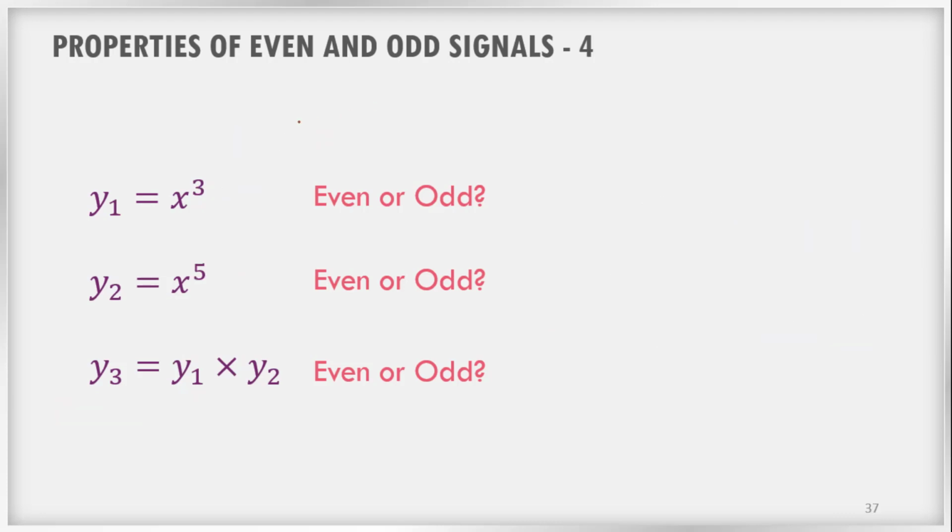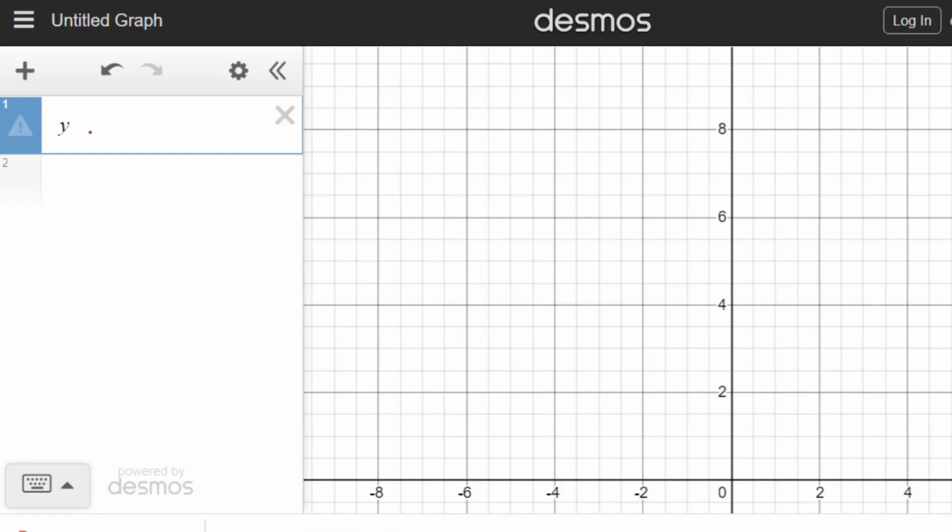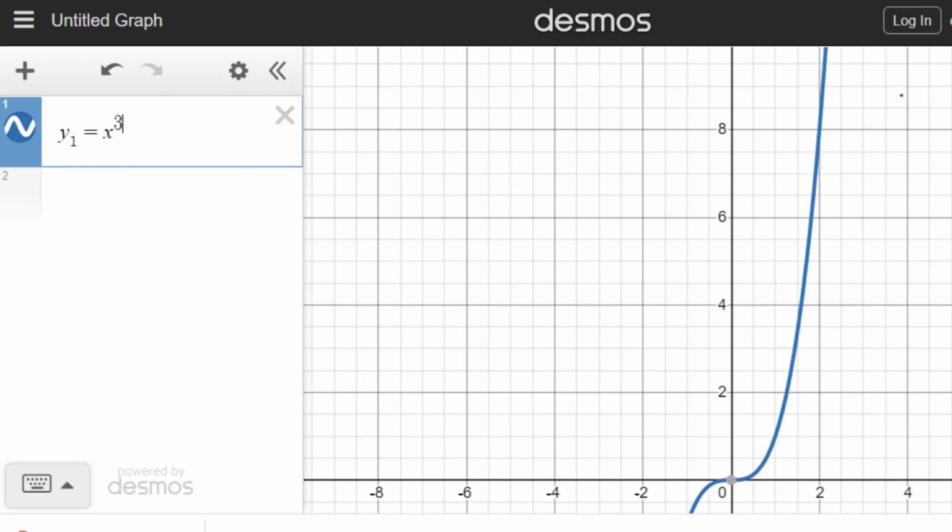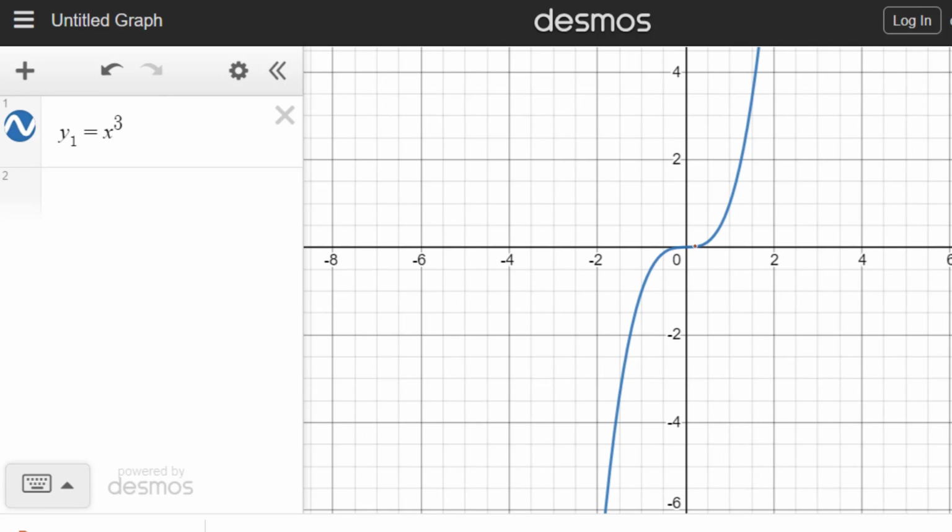Consider signals which have the shape of these functions: y1 is equal to x cube and y2 is equal to x power 5. Let us plot that in Desmos and check. The first case is y1 equal to x power 3. You can see that this has vertical anti-symmetry, so this is an example of an odd signal.